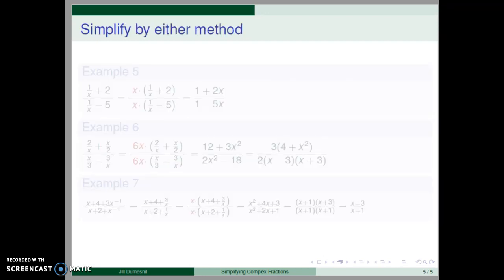Finally, let's consider 3 examples in which we get to choose which of the 2 methods seems more appropriate. In general, if there are multiple fractions in the numerator and denominator, the second method simplifies the expression in fewer steps.